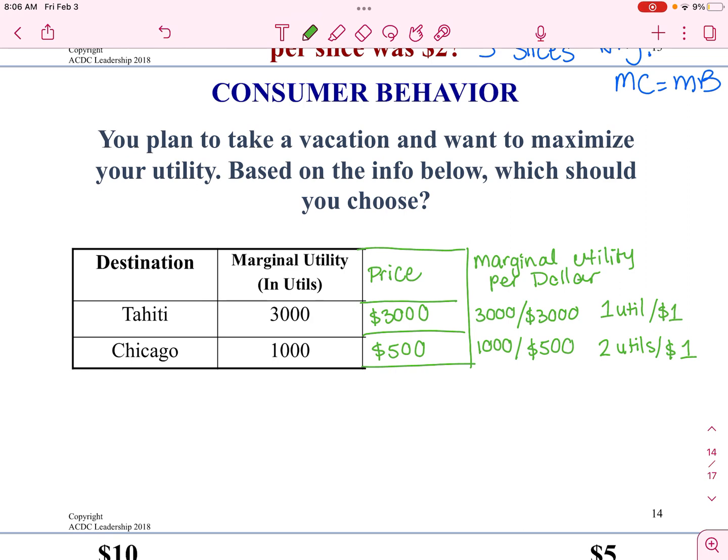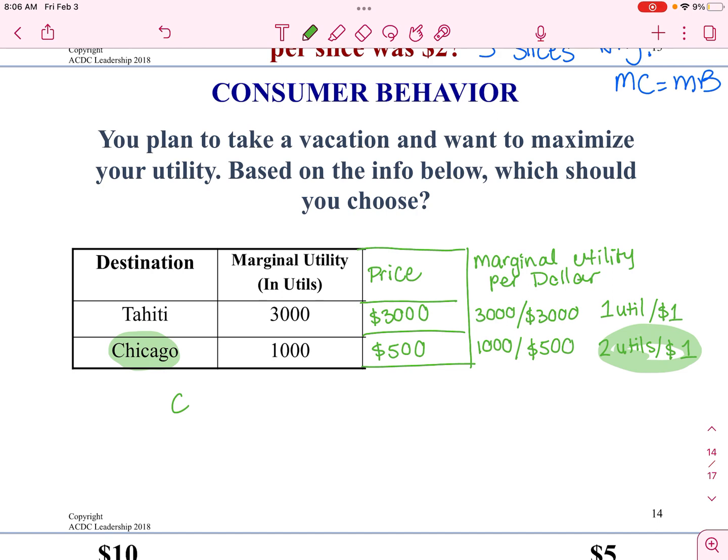So now, given this information, we would actually choose to go to Chicago because we're getting more bang for our buck. We are getting 2 utils for every dollar compared to 1 util every dollar.